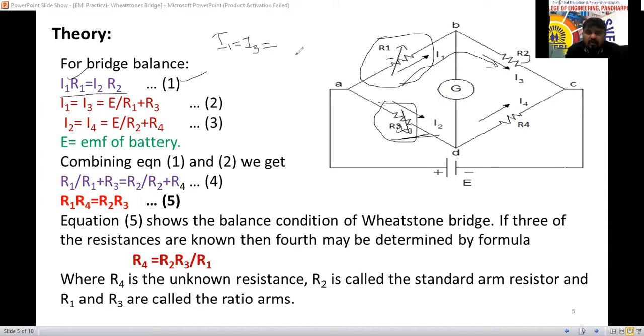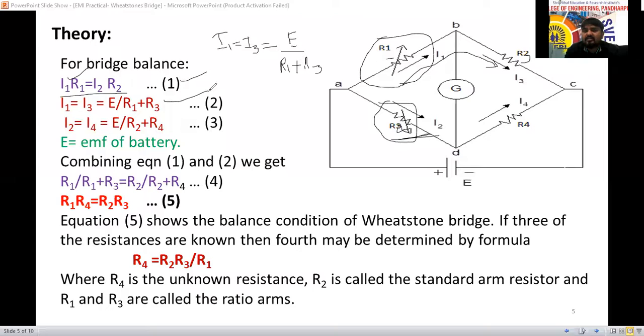So according to Ohm's law, I equals V by R. V is nothing but the total voltage E, divided by the resistance R1 plus R3, for this I1 and I3. So here we have written I1 equal to I3 equal to E divided by R1 plus R3.